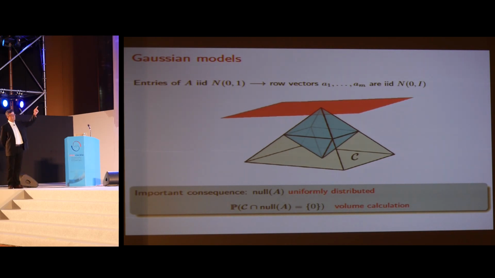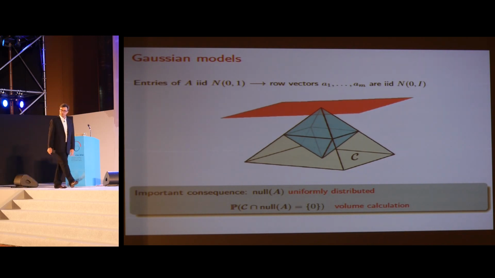So when the entries of A are normal 0, 1, that is, when the sampling vectors are themselves IID normal 0, 1, then it is obvious that the null space of A has uniform orientation. And so when I ask what's the probability that the null space misses the cone of descent, it's just the volume of the cone, because it's uniform.